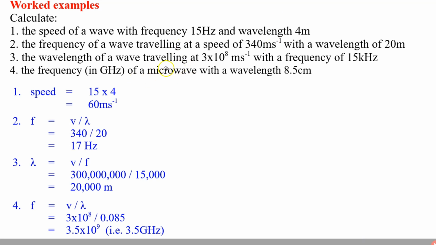They just expect you to know that the speed of EM waves is 3 times 10 to the 8, the speed of light. So that's our velocity in this case. 8.5 centimeters, we need meters, so divide by 100. And we get 3.5 times 10 to the 9. We do need to know the prefixes, so very often in the exam you'll be asked to write your answer in megahertz or gigahertz. So giga is 10 to the 9, so it's 3.5 gigahertz.